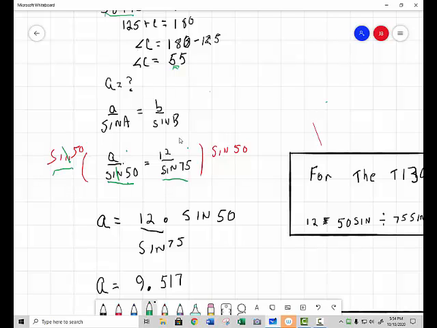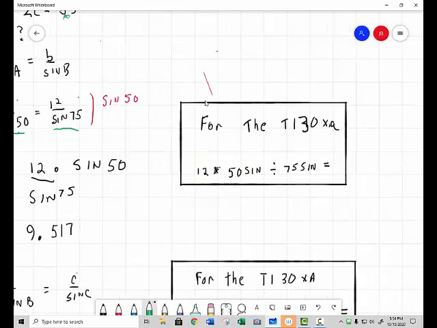Now, for you folks who have a TI-30XA, what you do to enter that is you put the 12 in first. That comes first, 12, and then you multiply by, you have to put the argument in first, 50 comes first, and then sine.